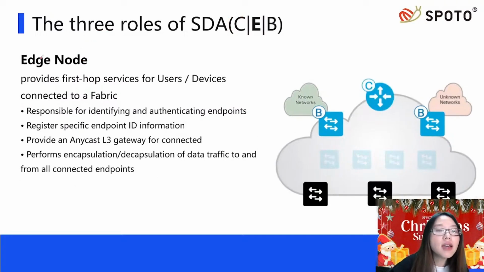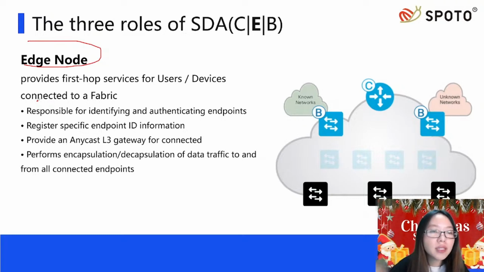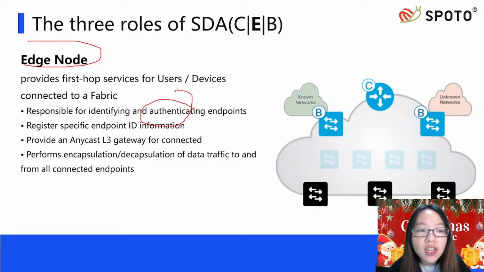So what's the edge node? The edge node provides the first hop for users or devices connecting to the fabric. The edge node is responsible for identifying and authenticating endpoints, and it's used to register specific endpoint ID information.